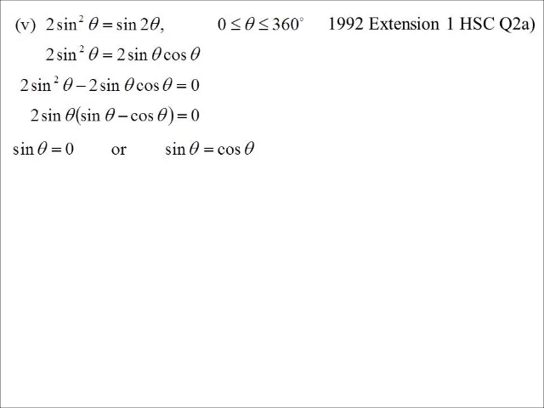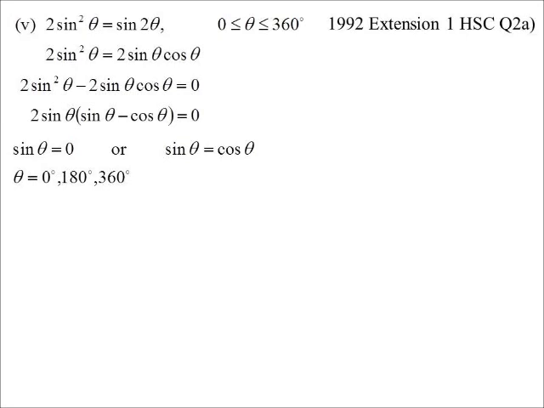So that's why we always bring it to one side and factorise. So we either have sine theta equals 0, which is one of our boundary values, or sine theta equals cos theta. Remember, if 0 is a solution, 360 will be a solution when we've got our domain of 0 to 360. So I actually have 3 possibilities for 0.